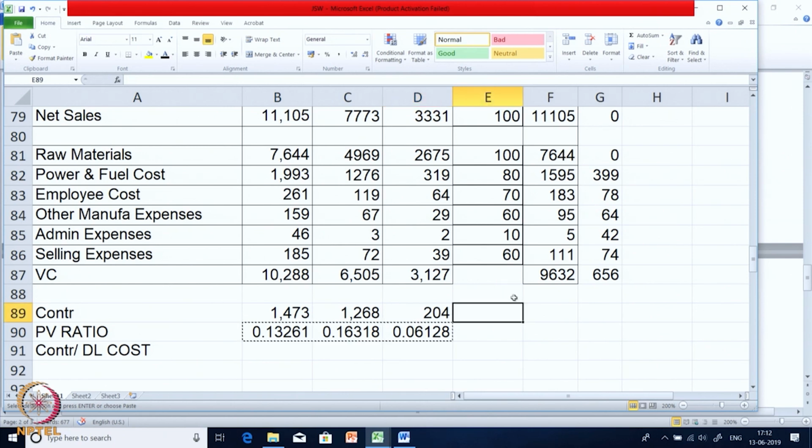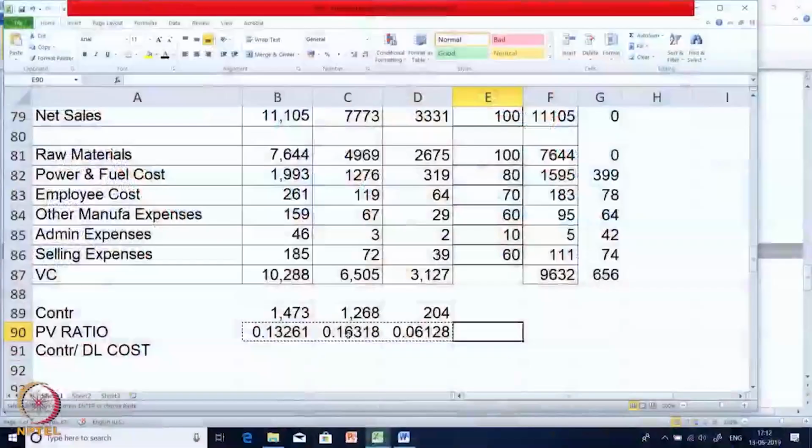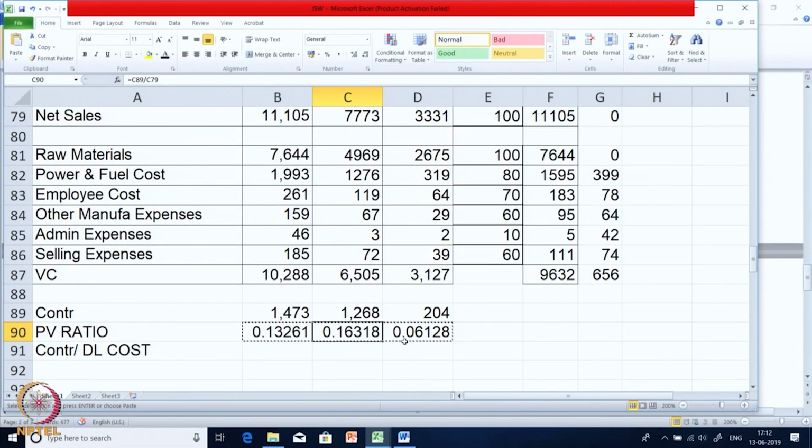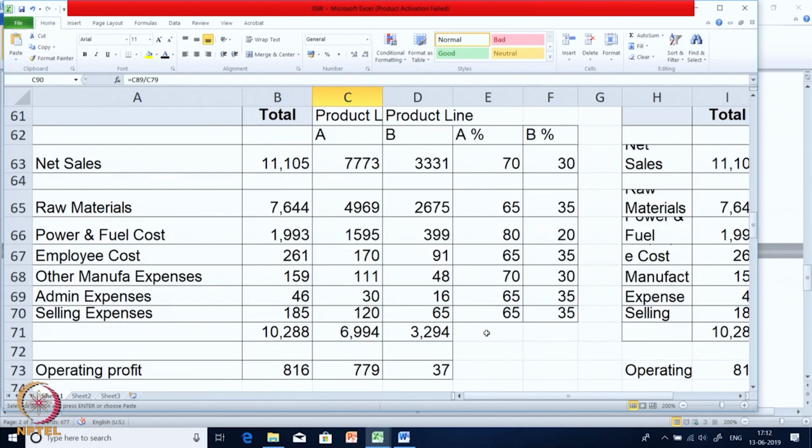I think most of you know that we will emphasize on PV ratio, because PV ratio in a scenario of limitation on sales will maximize your contribution. Since fixed costs are anyway going to remain constant, we will emphasize on PV ratio, and if you look at the PV ratio, product line A has a better PV ratio, okay, which is 0.16.